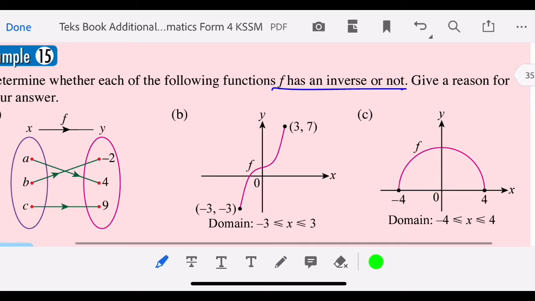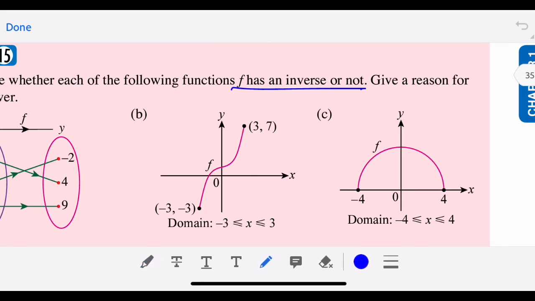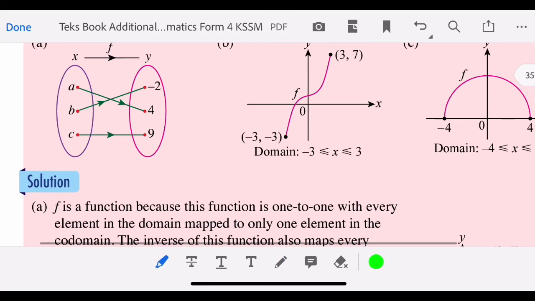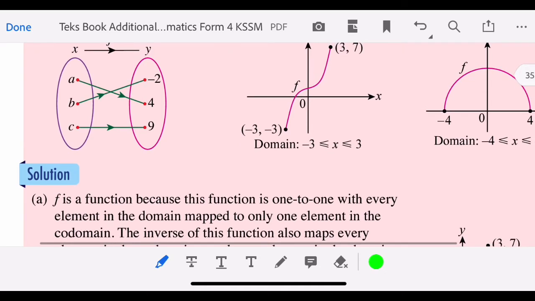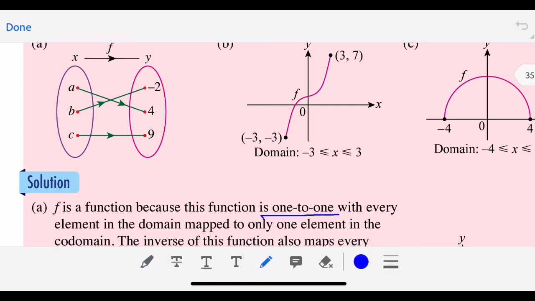So what you need to do is use a horizontal line test and then give a reason for your answer. For A, it is a function because this is a discrete function, so you don't have to draw, and you cannot draw a horizontal line test.